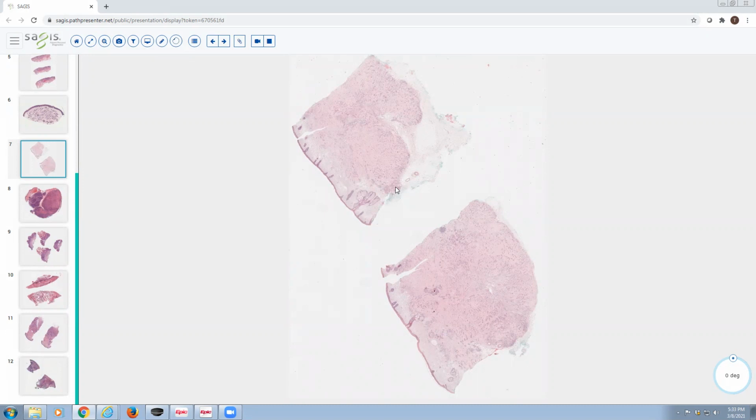It's called adnexal rather than follicular or eccrine because it actually has differentiation towards both types of adnexa, towards the follicle and towards the eccrine sweat gland. So that's why it's called microcystic adnexal carcinoma. In the superficial part of the tumor, you've got a little bit more of a follicular appearance, and then in the deeper half, more of an eccrine appearance.